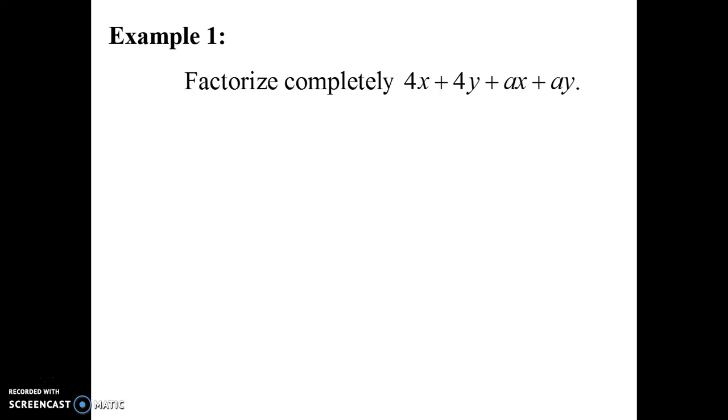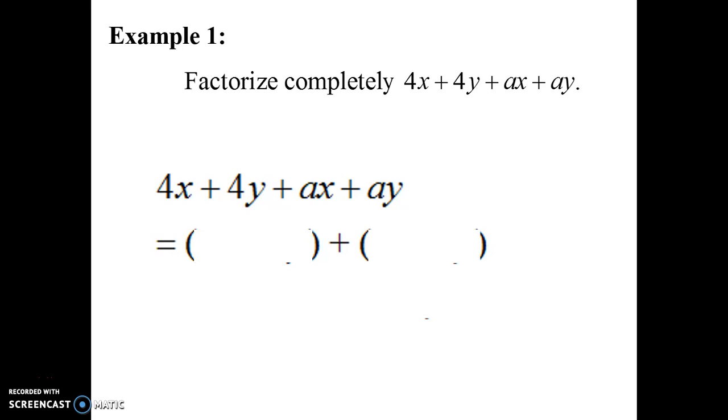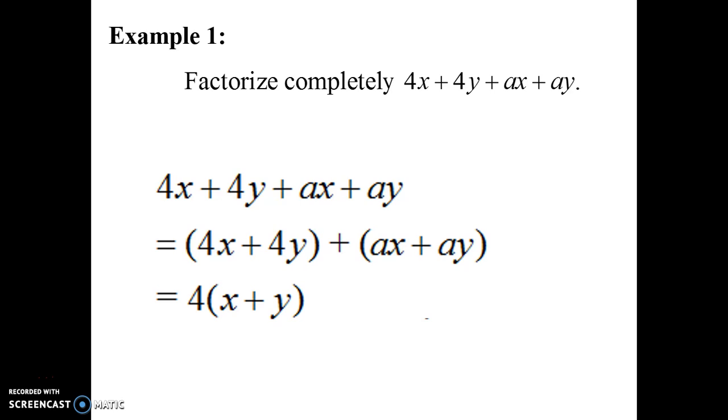Let's take a look at this example 1. Factorize completely 4x plus 4y plus ax plus ay. If you notice, you can pair the first two terms together and the last two terms together. In each of these brackets, you will realize there is a common factor. In the first bracket, there is a common factor of 4, and in the second bracket, there is a common factor of a.